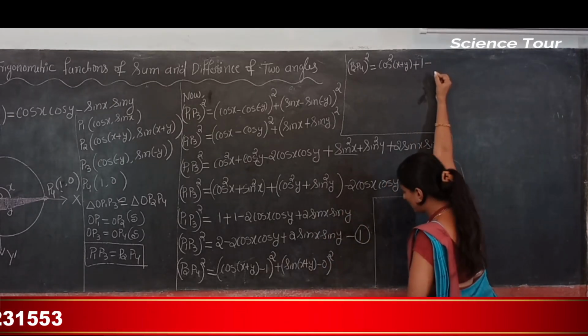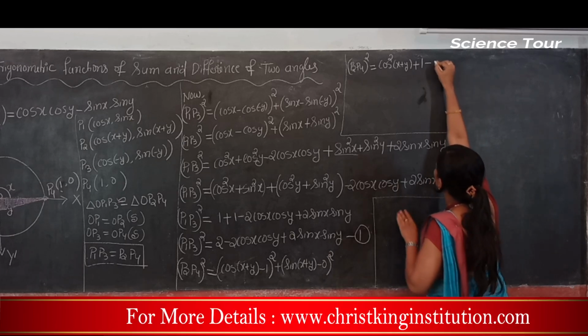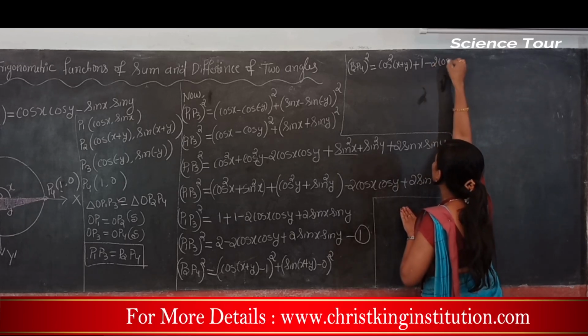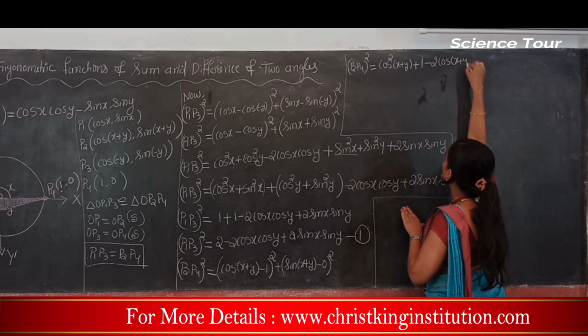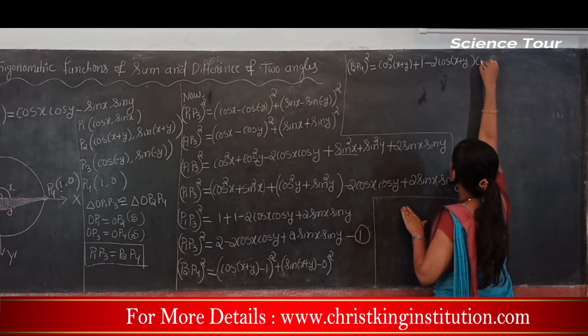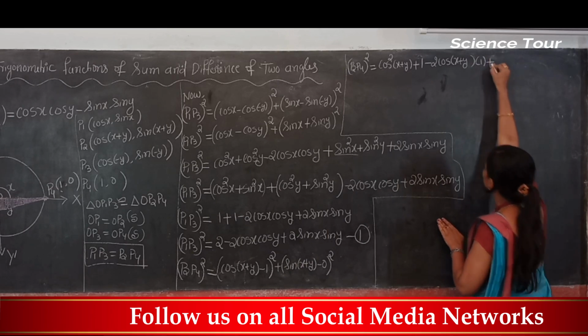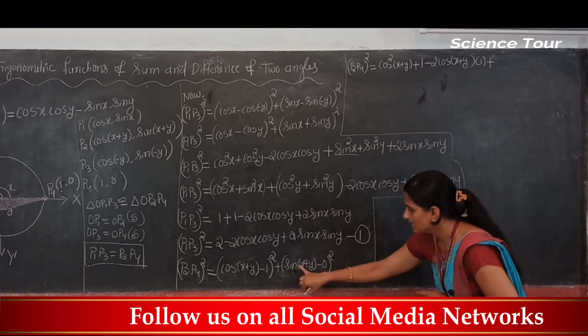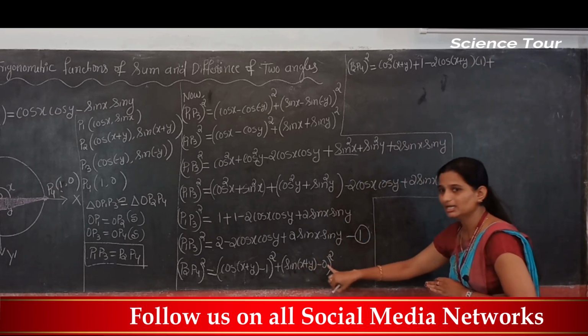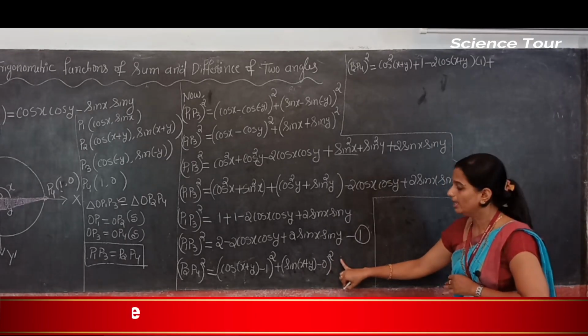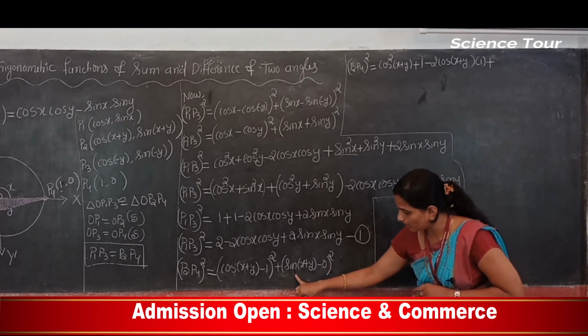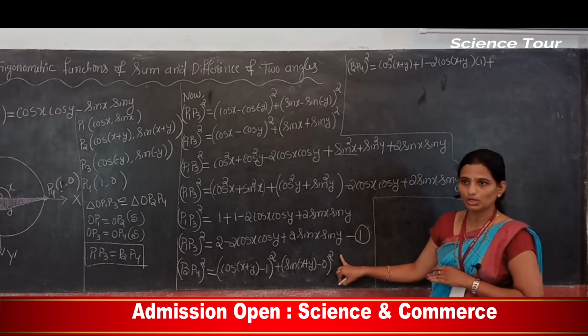Minus 2ab, so it is minus 2 cos(x plus y), 2ab with b as 1. Right? Next plus, now again sin(x plus y) minus 0 whole square. Again it is in the form of a minus b whole square.